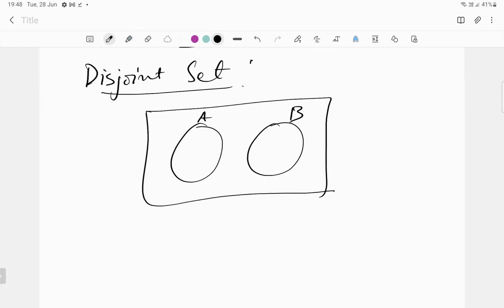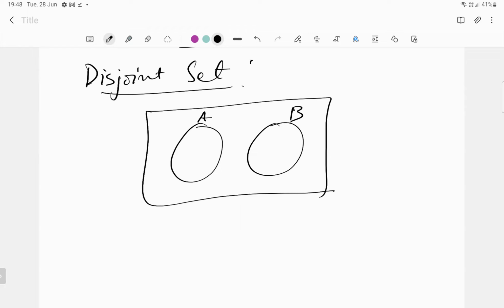Like this is the forest universal set, where these are tigers and these are elephants. They don't have anything in common. Okay, these are animals. So these are disjoint sets.